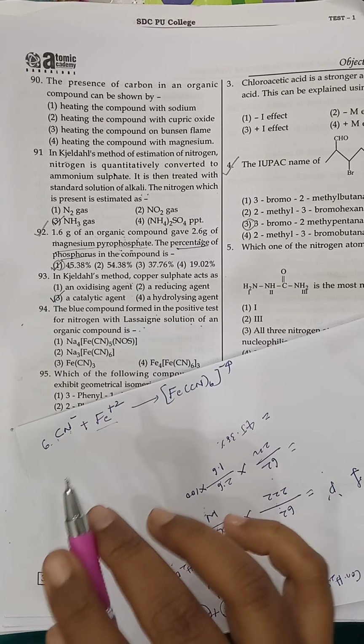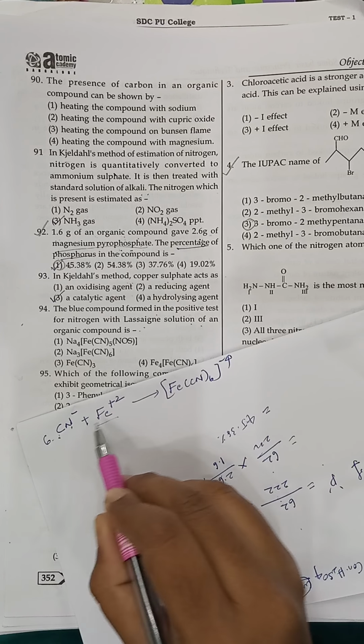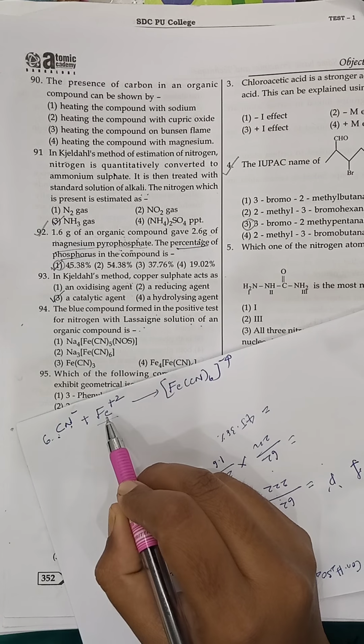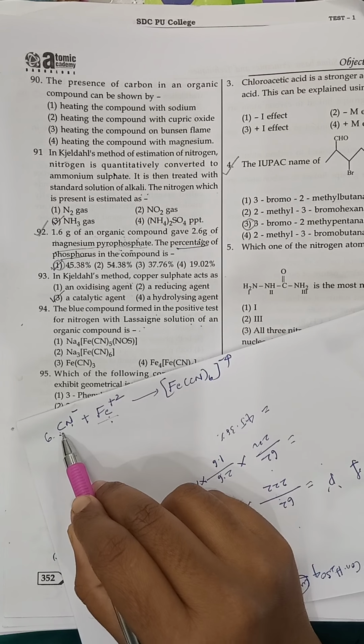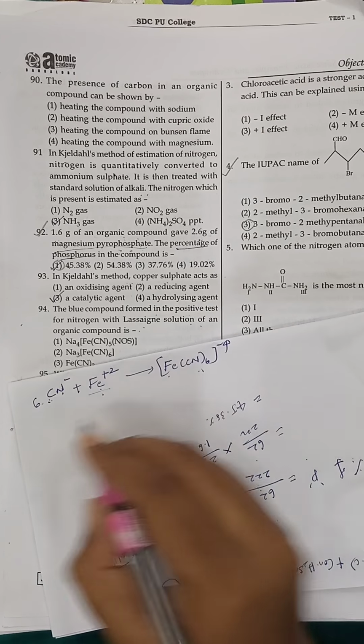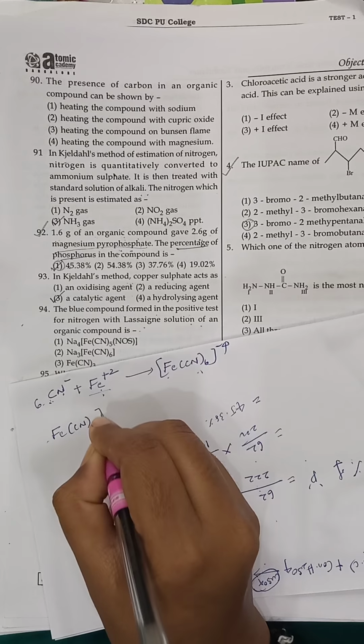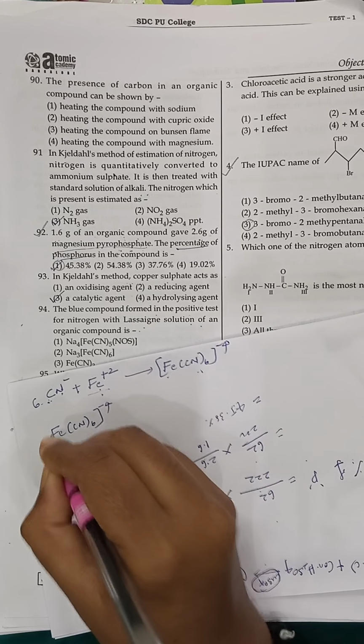Here what we are taking in a test tube is organic compound containing nitrogen. To this ferrous salt is added. In that, only ferrous reacts with the cyanide and converts into ferrocyanide. Now this ferrocyanide, whatever is formed, participates in further reaction, [Fe(CN)6]4-.